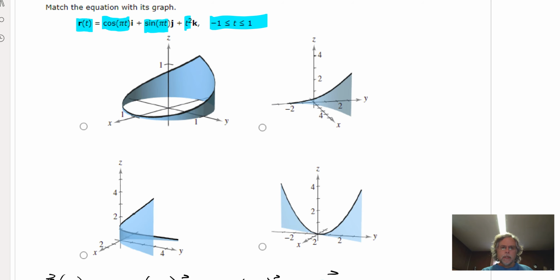One thing I want to mention about these graphs: the actual graph that we're looking at is a trace, a path, a particle's motion in 3 dimensions. They're using the shading and putting in the surfaces to help us see it. Like if they just drew, here's the path that's being traced out, let me take any one of them really, this one here.